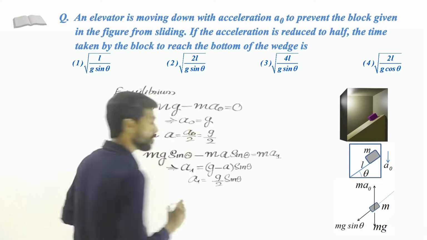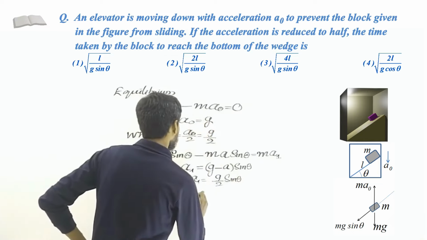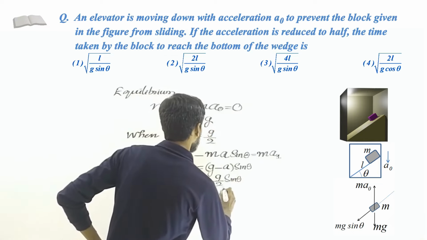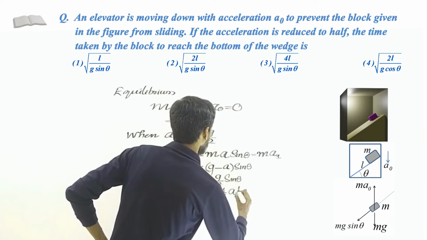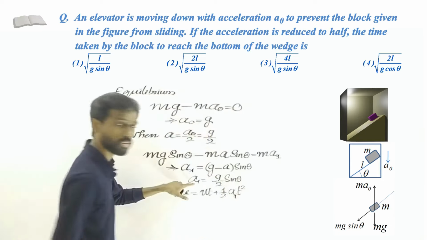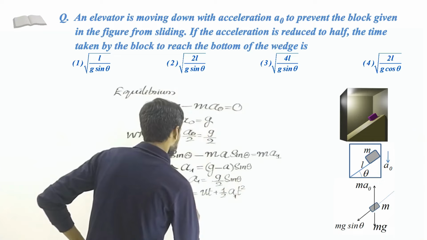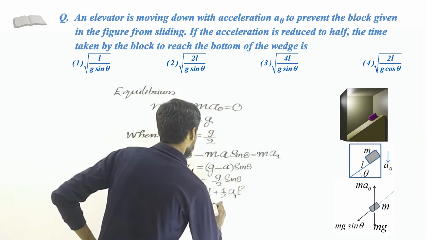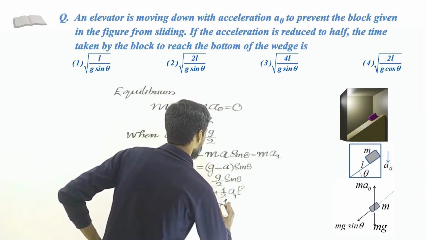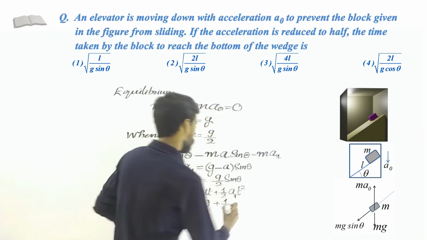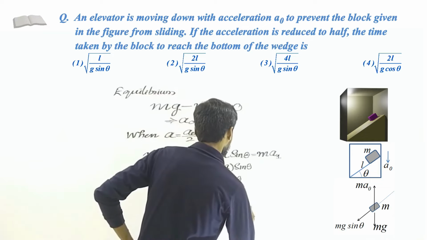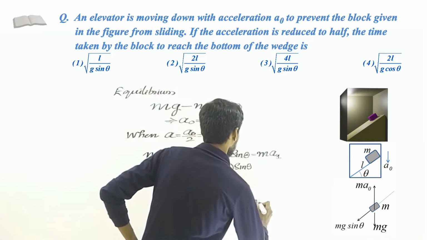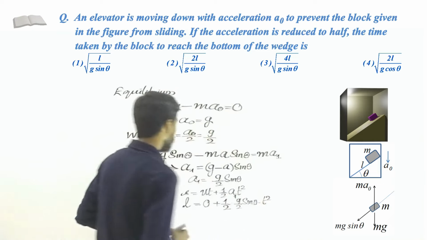So let us use the same formula again. S equals ut plus half at square, but a here is a1. The distance to be covered is L. So L equals 0 plus initial speed 0, plus 1 by 2 times a1, and a1 is g by 2 sine theta, multiplied by t square. Okay, so that is done.